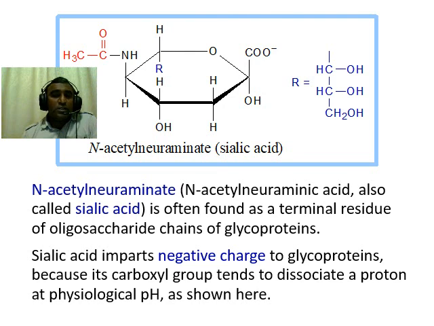And here an example on a very complex sugar derivative, and it is known as acetyl neuraminate or sialic acid, and it plays a role in glycoprotein where the glyco part will be the sialic acid, and it gives a negative charge for the glycoprotein.